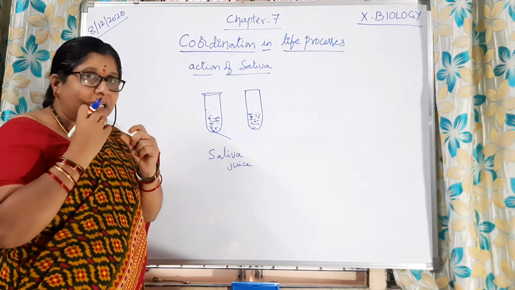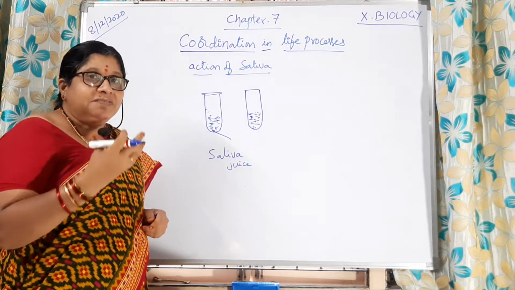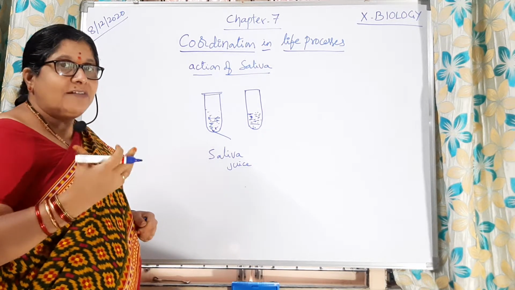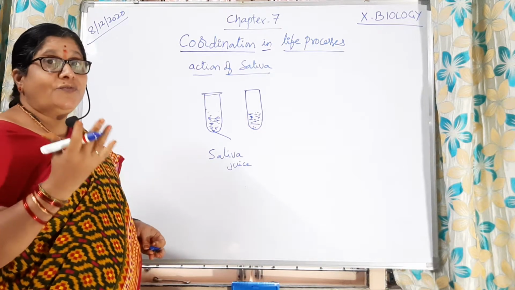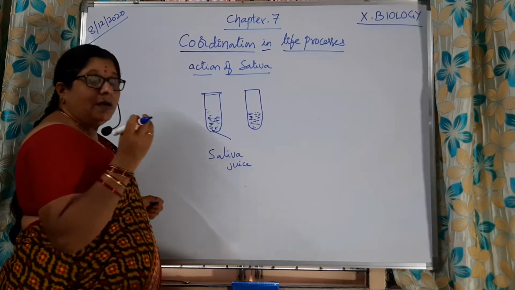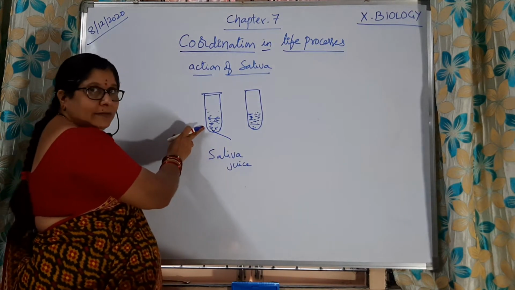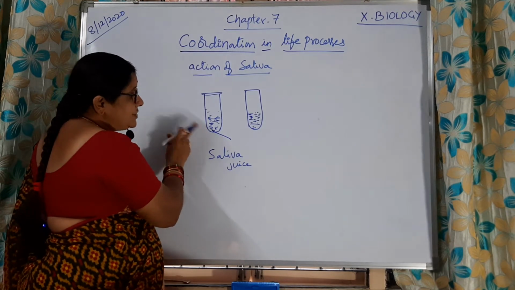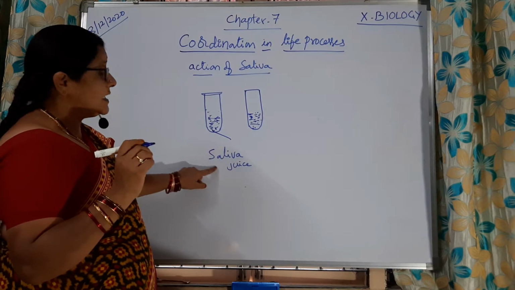If we chew it, the salivary glands are activated and produce saliva. That saliva is collected in a beaker. From that beaker, we take 1 or 2 spoons of saliva and add it to one of the test tubes. So one of the test tubes is added with 1 or 2 spoons of salivary juice.